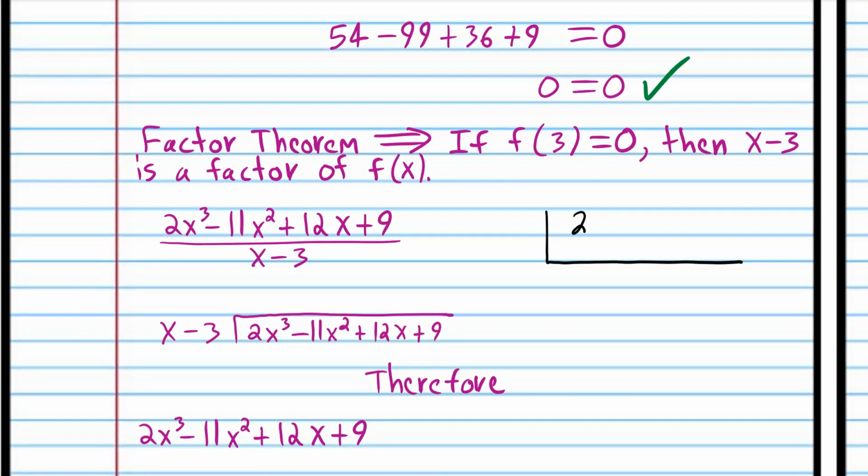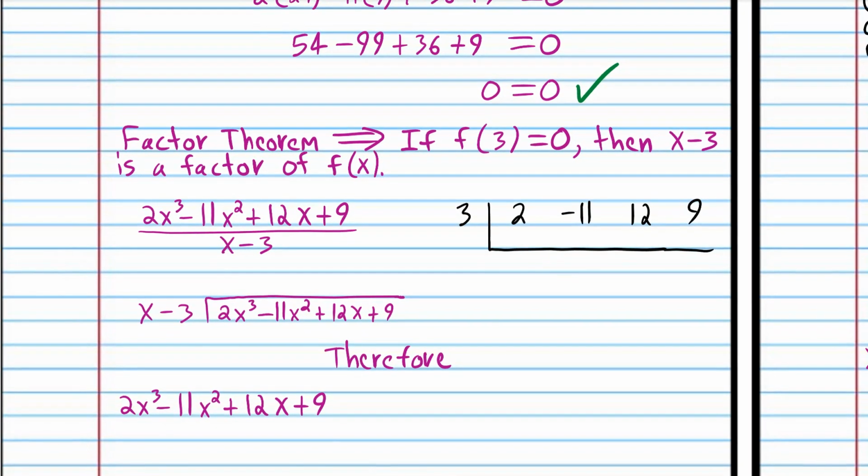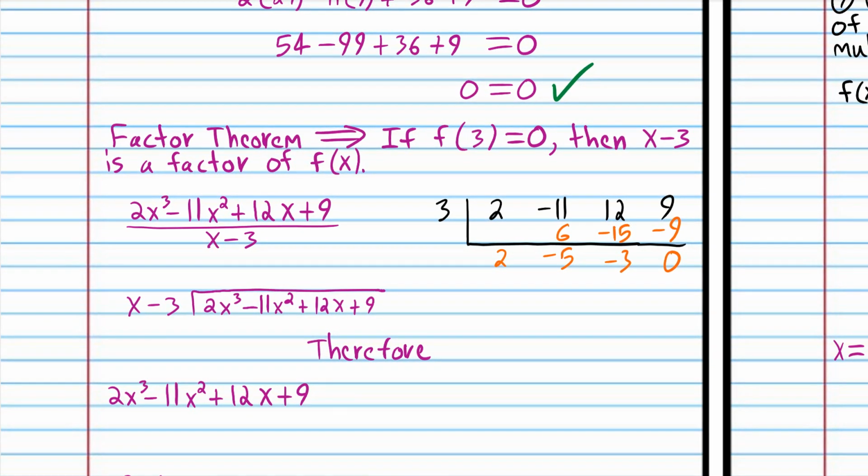So let's write our coefficients. And we're dividing by x minus 3, so we're going to write positive 3 there. And we get 0, so we should get 0 because the remainder represents the value of the function when you plug in 3.